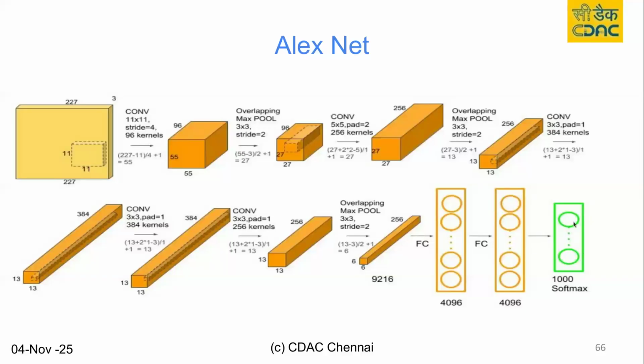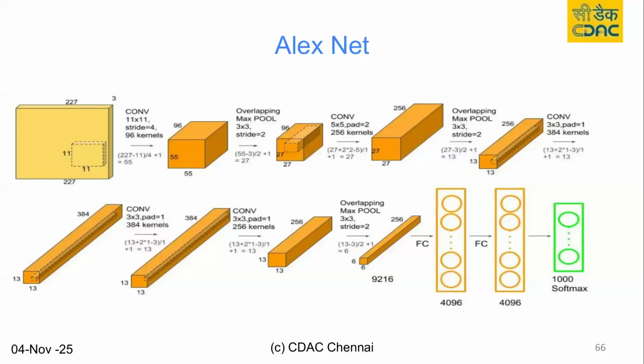Each of these 1,000 neurons will tell the probability of whether a car is present in the 227 cross 227 cross 3 input image, or a bike is present in the input image, like that. Each of these 1,000 neurons represents one of 1,000 different object names of the data set. This neural network was trained for maybe 2 weeks to create AlexNet.